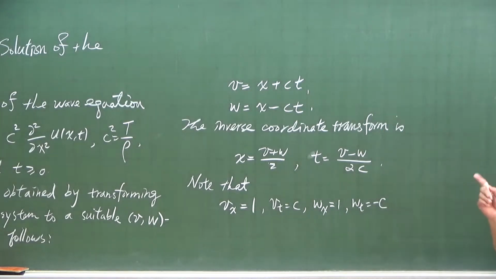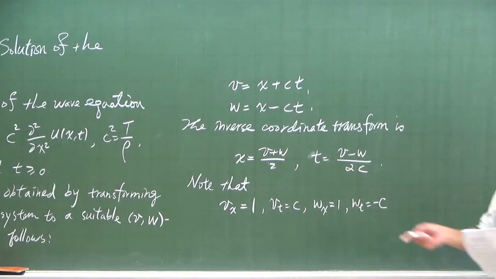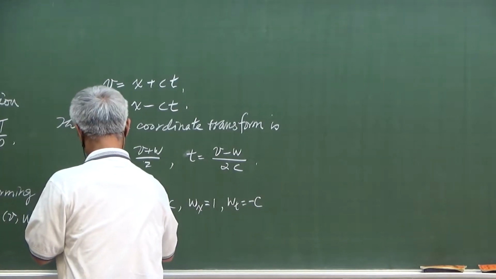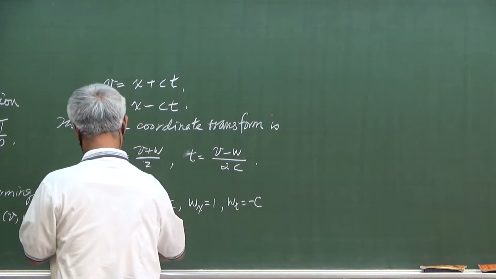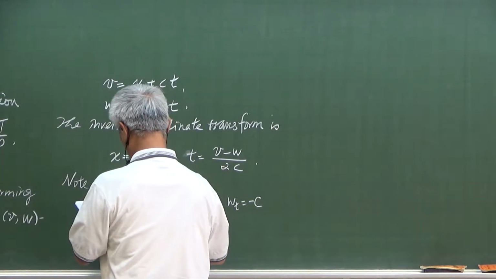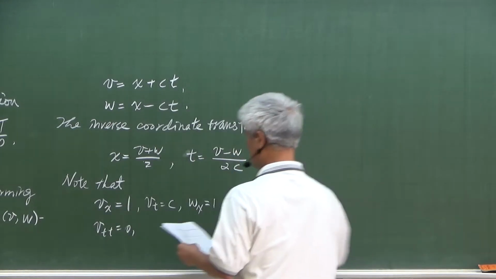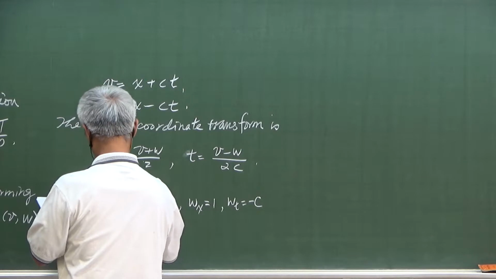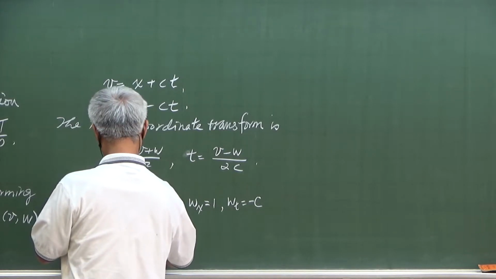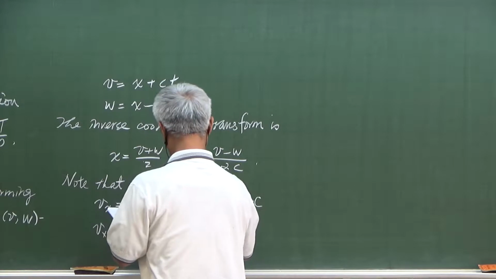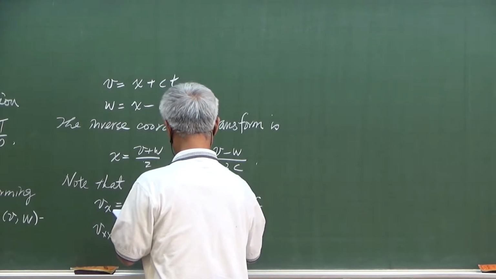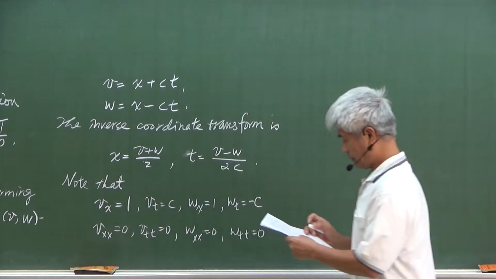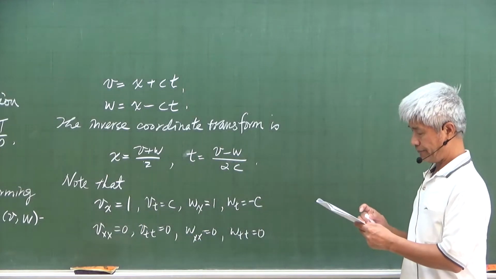So this is the first partial derivative for v and w. How about the second partial derivatives? Well, we find that they are all equal to 0: v_xx equal to 0, v_tt equal to 0, w_xx equal to 0, w_tt equal to 0. So we know that they are all zeros.